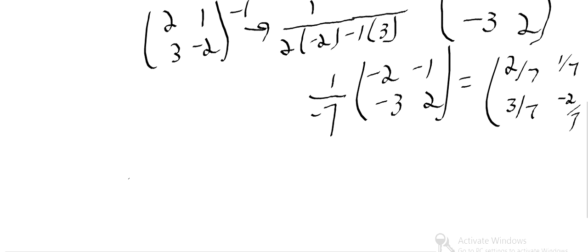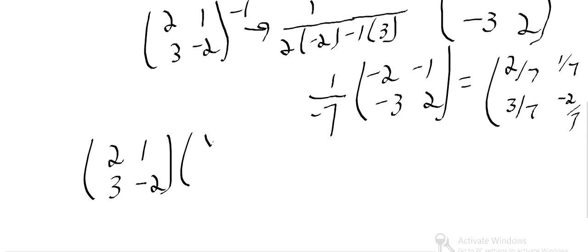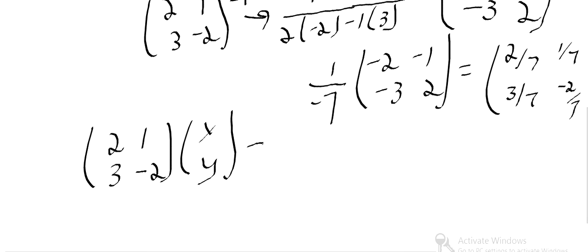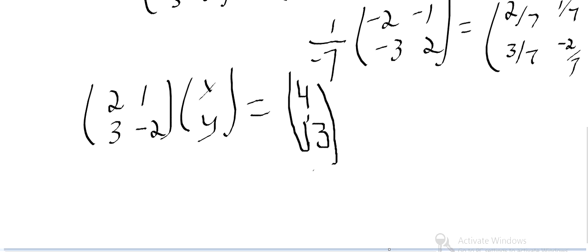So we take the original equation, 2, 1, 3, minus 2 times xy equals 4 and 13, and we left multiply both sides by this inverse, 2/7, 1/7, 3/7, negative 2/7.